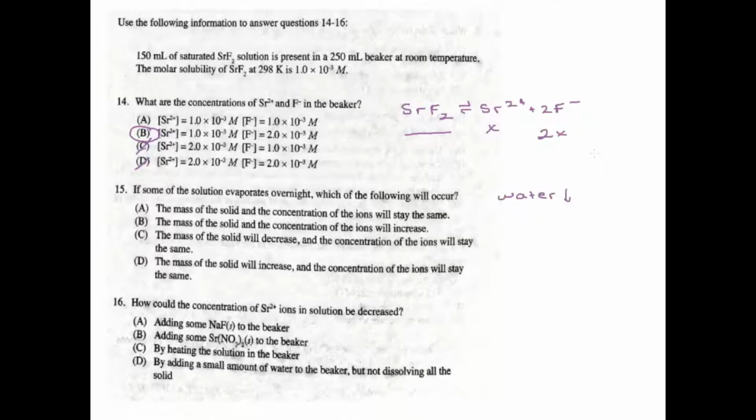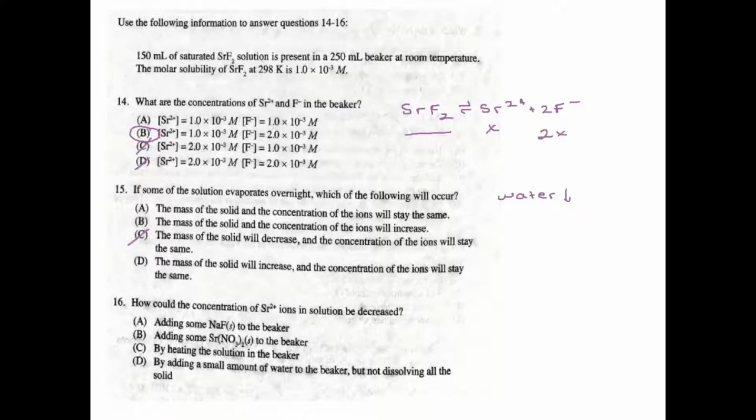So if you reduce the amount of water, you're going to form some solid, because you've reduced the amount of liquid available for these ions to dissociate into. So if you look at the answers, the mass of the solid is going to increase, so I can get rid of C.